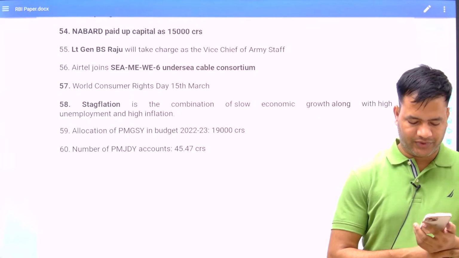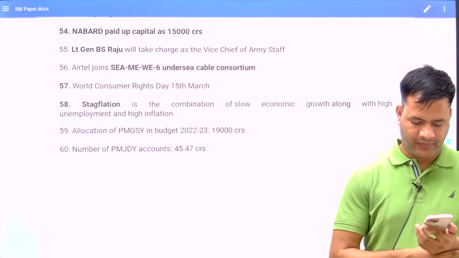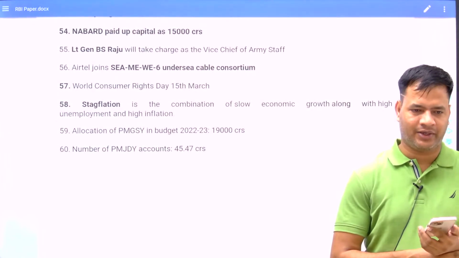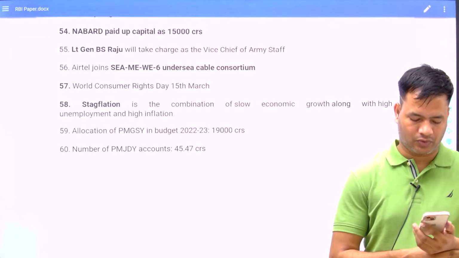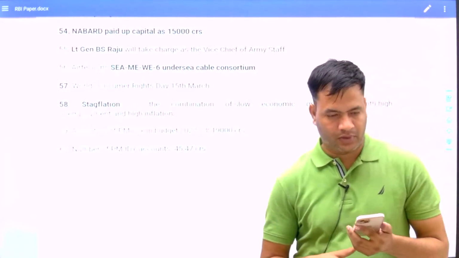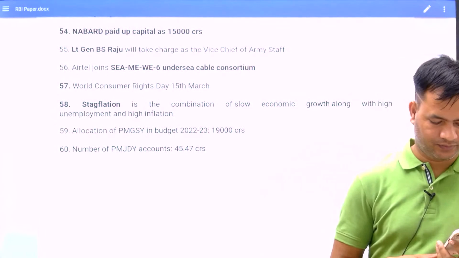95 attempts from OBC, any chance? Yes, if you are getting sectional cutoff marks in quant and reasoning, then it is a very good score. How much you have attempted in quant and reasoning?